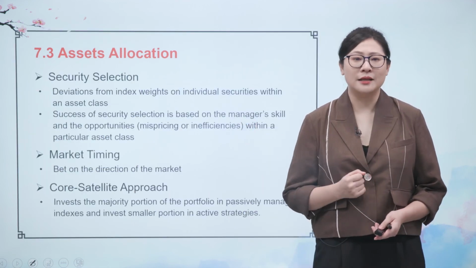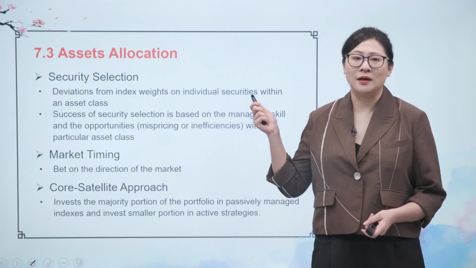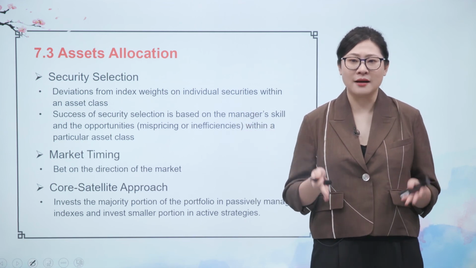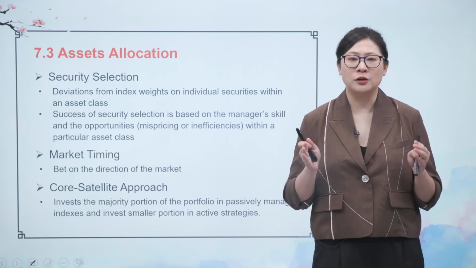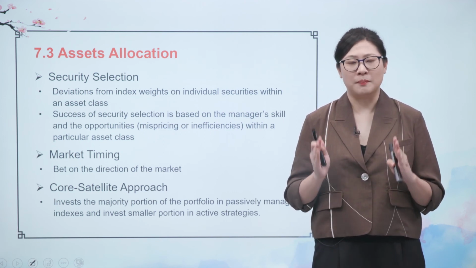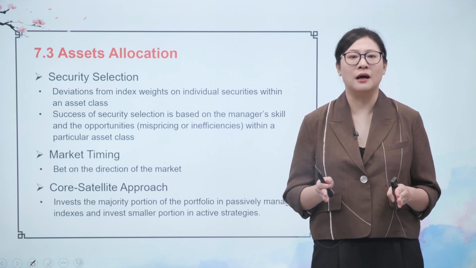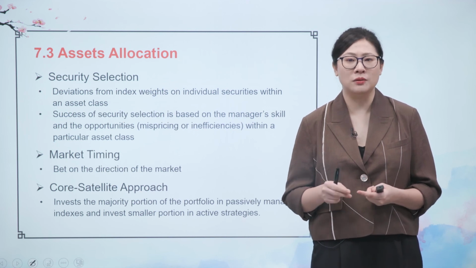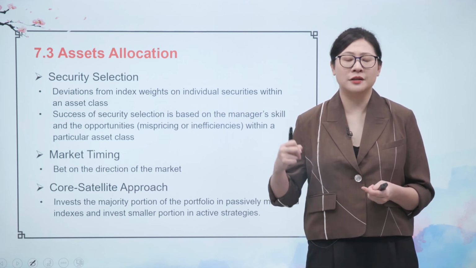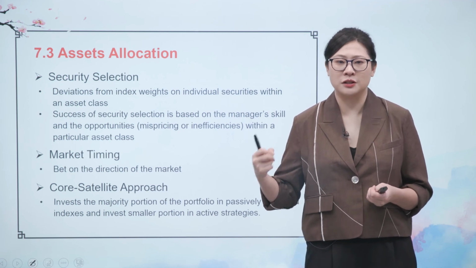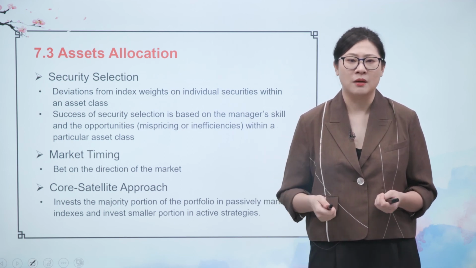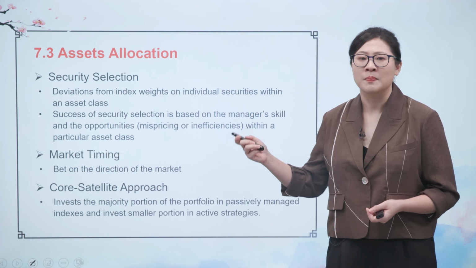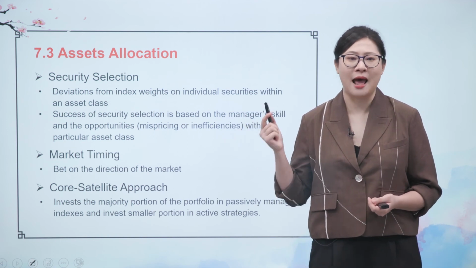The last slide we will talk about is the difference between security selection and market timing. For the active return, generally, there are two ways for the fund manager to generate active return. One is based on the manager's skills of market timing. The other is based on the manager's skills of security selection. Security selection is the deviation from index weight on individual securities within an asset class.